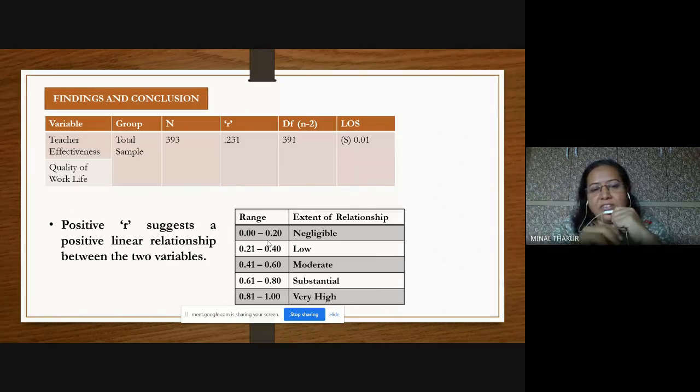That way, till the 6th day you have the option. But on the 7th day you don't have the option to decide the color of the dress, so you are going to wear the dress that is left. Same way in research, till 393, that is 391, we have the degree of freedom. And if there are 2 or 3 groups that are studied, then we have degree of freedom as n minus 2.